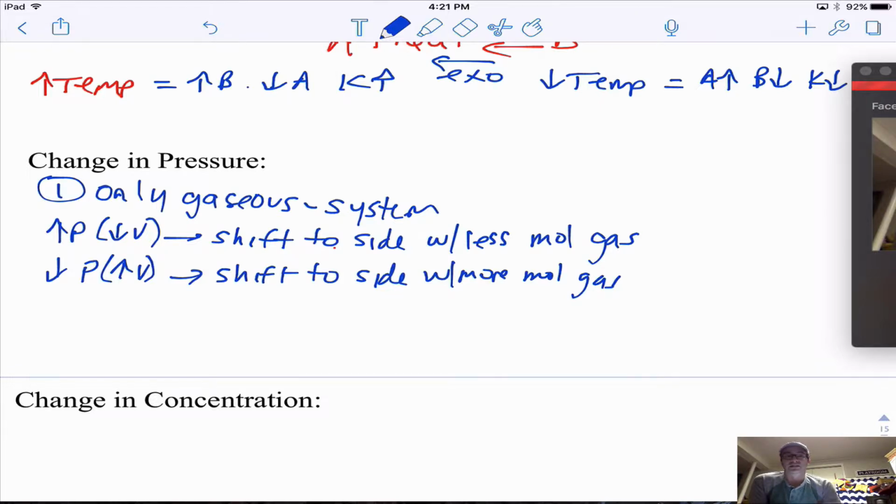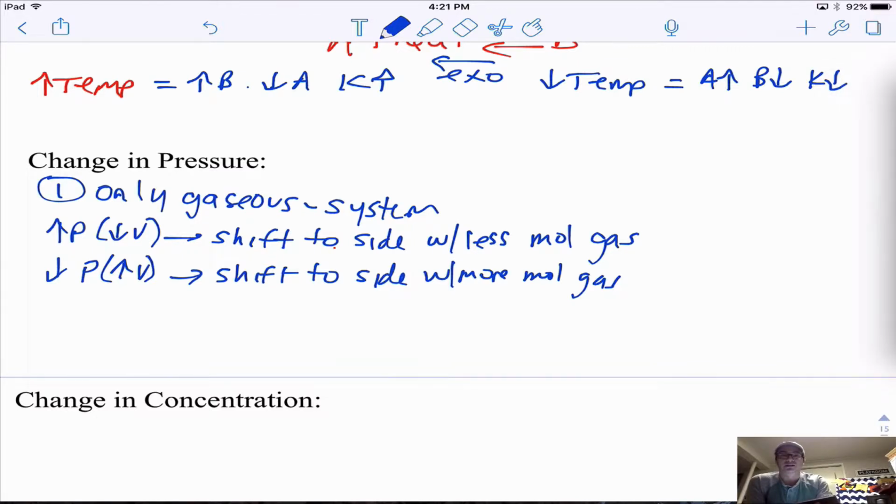So we could get into all of that, and it would be interesting. The thing with pressure with gas is what you're really doing is you're changing concentration. So when we think about it in terms of how we are changing concentration, that's where we need to take things into account.